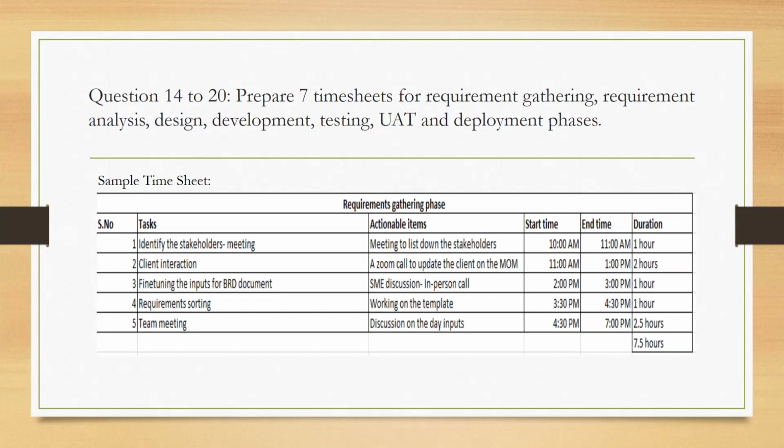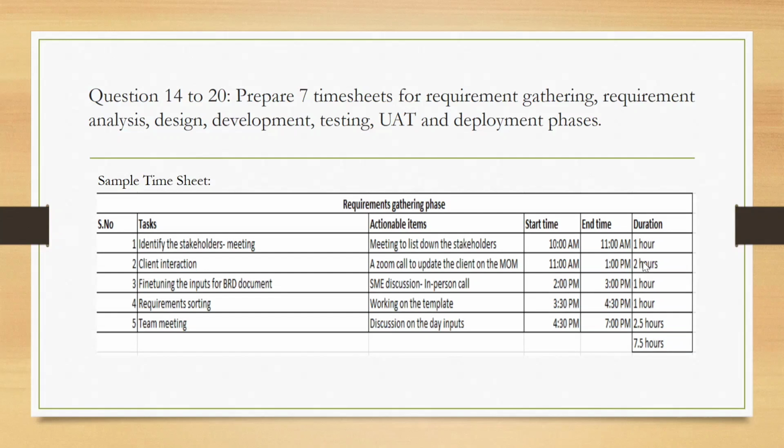So for example, for creation of the BRD, the business requirement document, we took around 2.5 hours. So we need to mention that I have finished this BRD document, taking 2 hours. Like that, they will mention the duration, and they will be utilizing 8 hours per day, right?